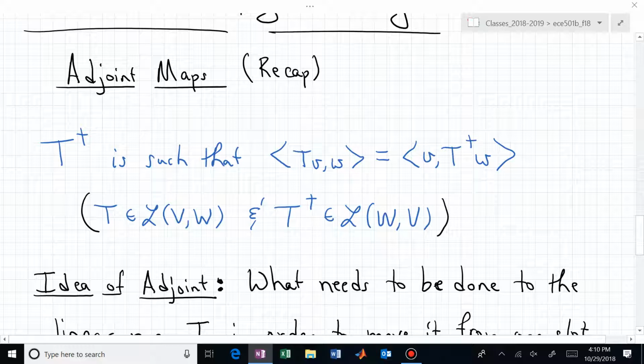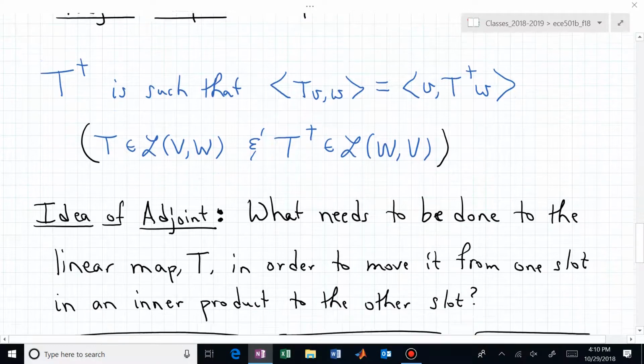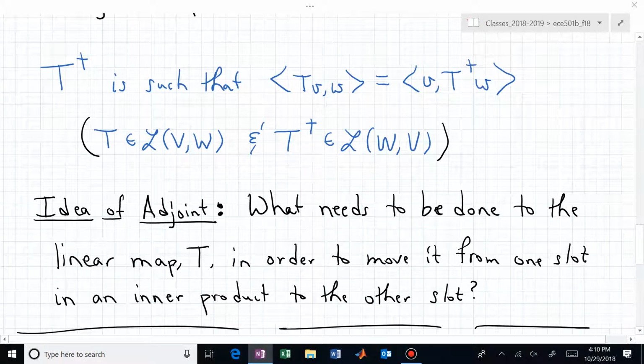But if we have an inner product and we want to know what is the adjoint of a linear map, then the idea is really what needs to be done to make sure that whatever linear map is happening in the second slot is giving us the same scalar, the same inner product, that the linear map produced in the first slot.